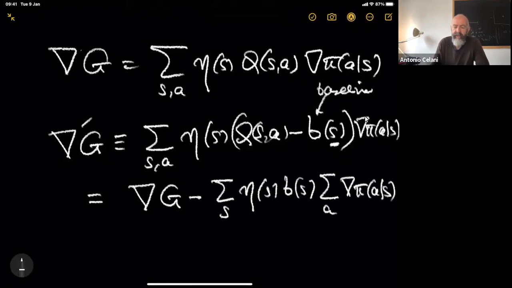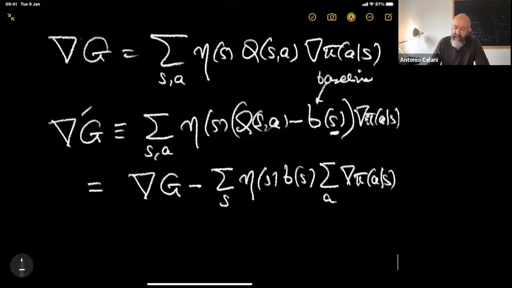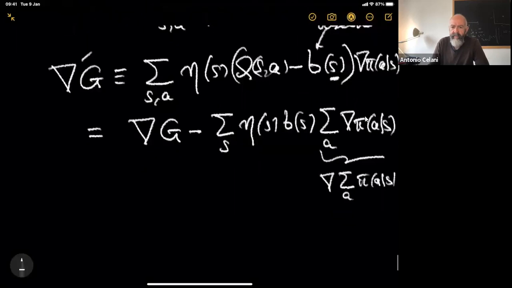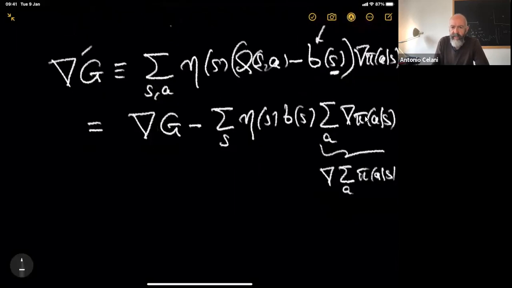Okay. I'm just using simple algebra. But now here the important thing happens because I can write the sum of the gradients as the gradient of the sum. But the policies are probability distributions over actions. So these are normalized. So this object here is equal to 1.